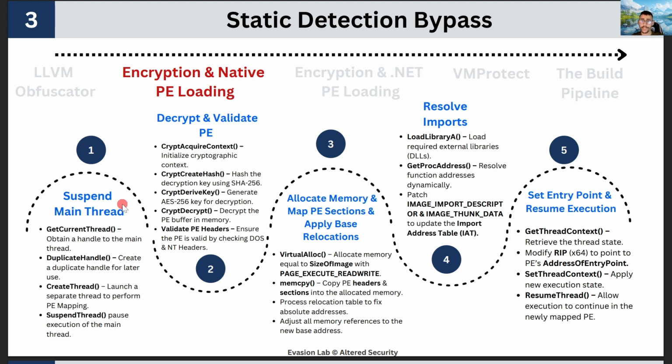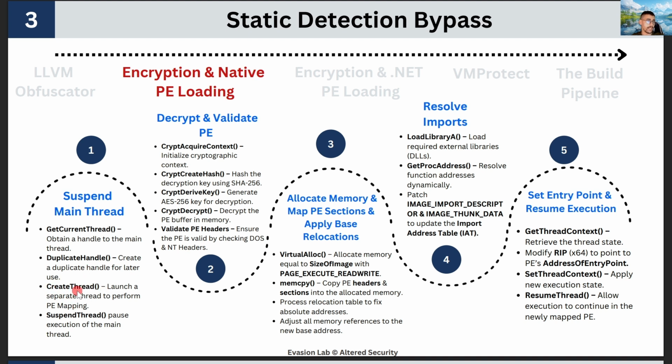The first thing we need to do is gain control over execution before modifying memory by suspending the main thread. To do so, we have to obtain a handle to the main thread by calling the GetCurrentThread API. Then, using that main thread handle, we duplicate it using DuplicateHandle to get a duplicated handle of the main thread to use later in CreateThread.